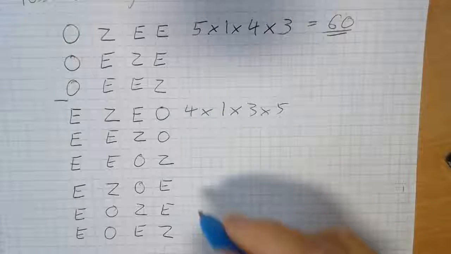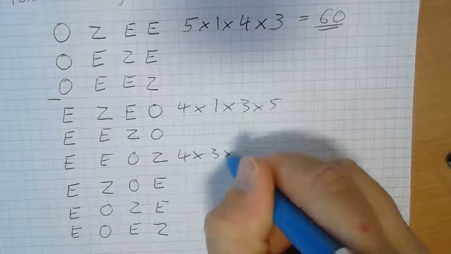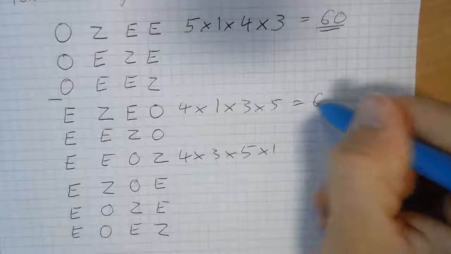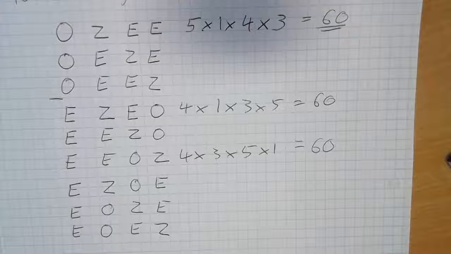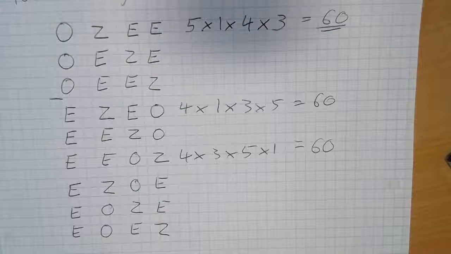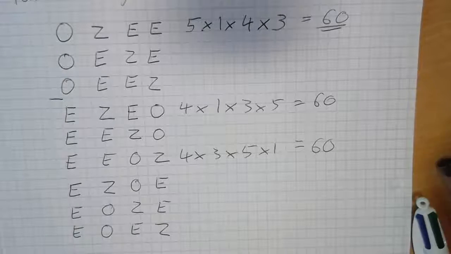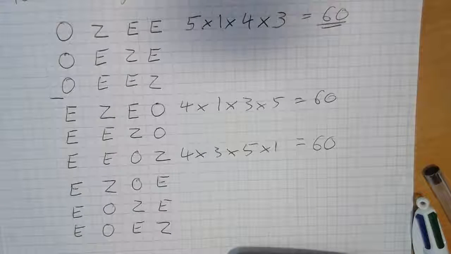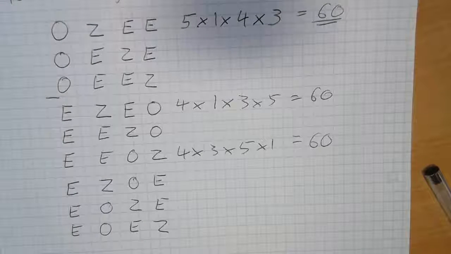Or if I look at this one, it would be 4 times 3 times 5 times 1. They're all going to be 60. Each one of these multiplications gives me 60 different possibilities. So I can just add all those up. So I've got 9 lots of 60. And that gives me 540 possible ways.